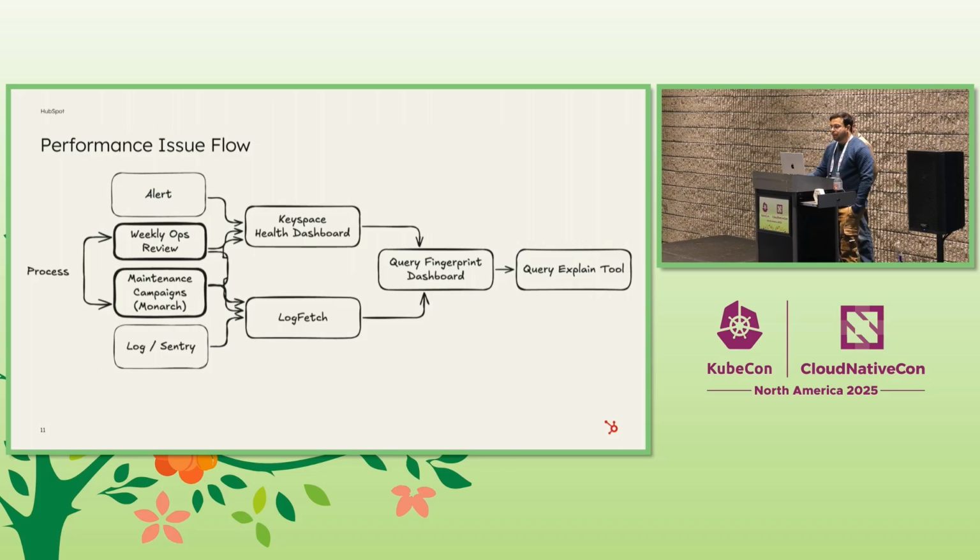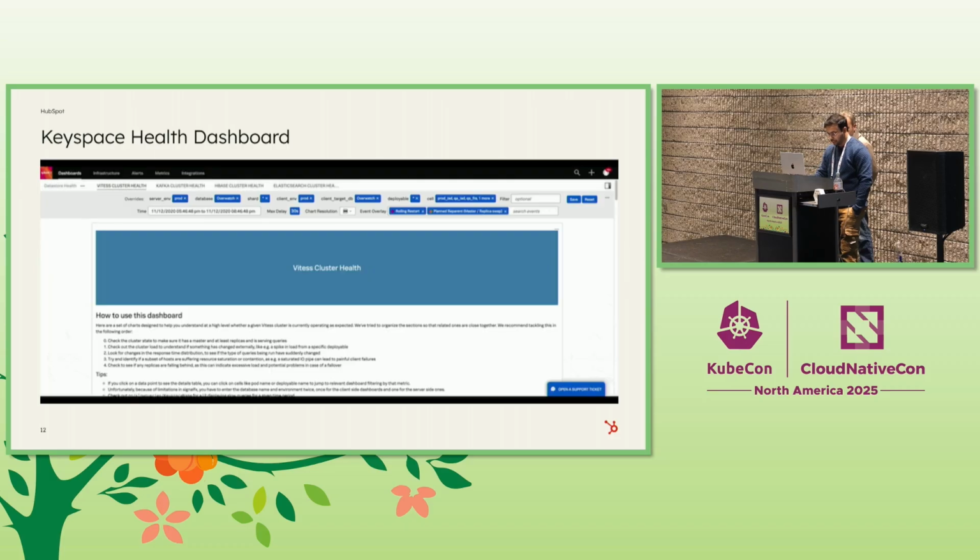And from there, they may dig into the query fingerprint dashboard, which is another Grafana dashboard powered by fascinating PromQL statements to see which queries are behaving badly. And finally, they can land on a query explain UI page where they can see the explain plan. Now, don't worry if you don't understand any of this. I will walk you through each of these because some of the naming is very internal to HubSpot. Let me give you a real quick glimpse of what it actually looked like.